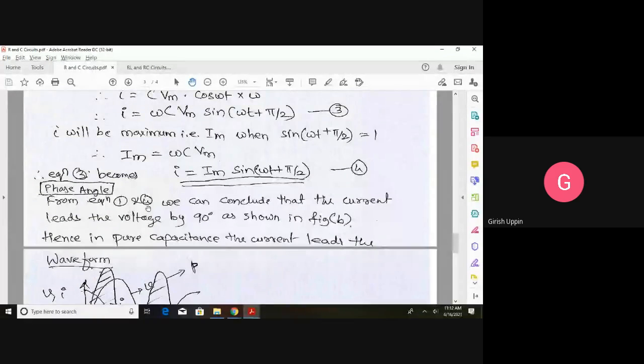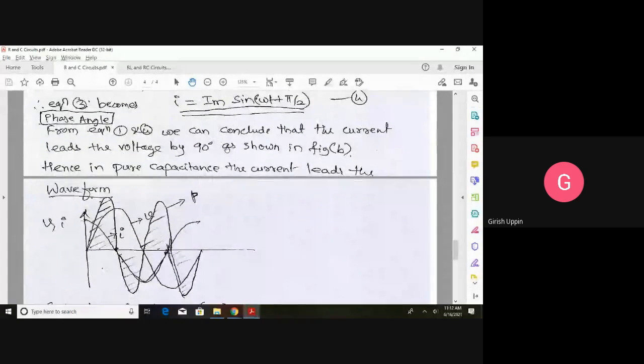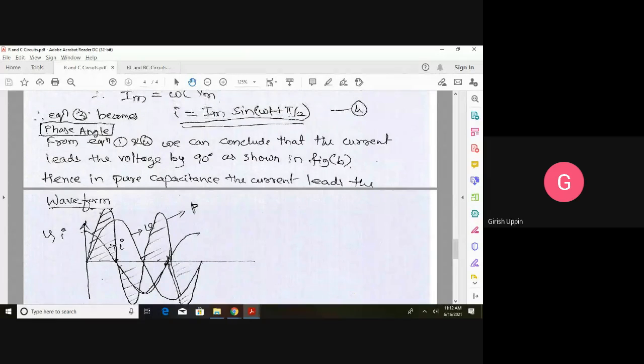What we observe, we can conclude that current leads the voltage by an angle of 90 degrees, as shown in the figure here. Therefore in case of a pure capacitance, current leads the voltage by pi by 2.